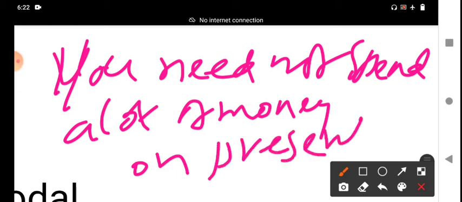Presents is a noun form. You need not spend. Spend is a main verb. Need is a modal verb. It follows the main verb. It functions as a modal verb.